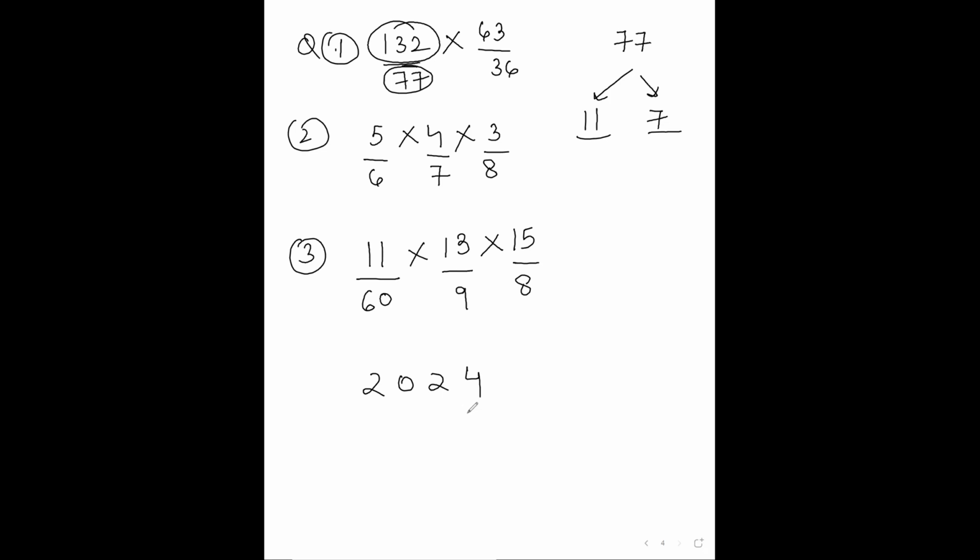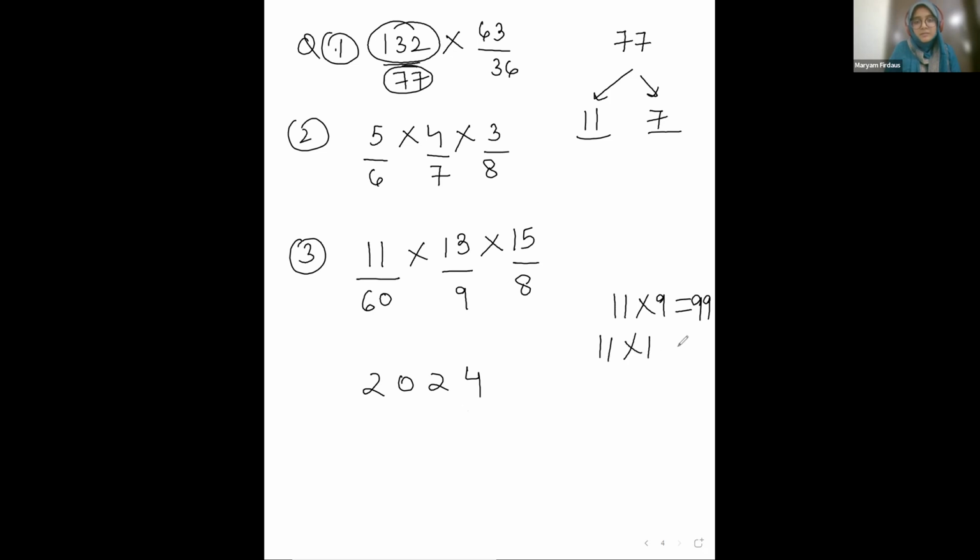If there are the same numbers. That's okay, Hiba. 11 ones are 11, 11 twos are 22, 11 threes are 33, and so on. 11 nines are 99. But what are 11 tens? 110.